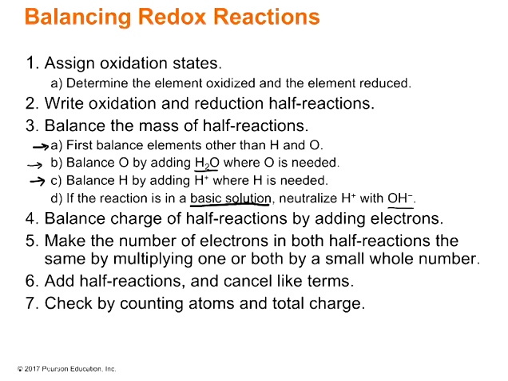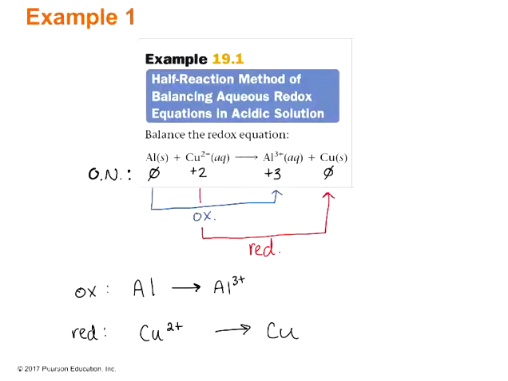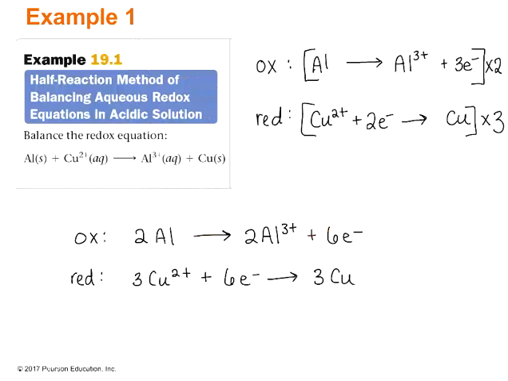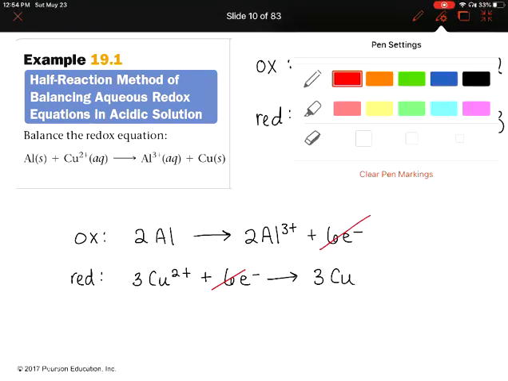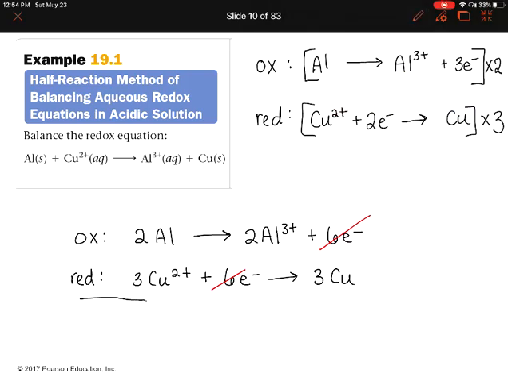So if we go back to our steps, step 6, we want to add the half reactions and cancel like terms. So we're going to cancel the 6 electrons on the left side of the arrow and the 6 electrons on the right side of the arrow. All right, so now we can write our full overall redox reaction.